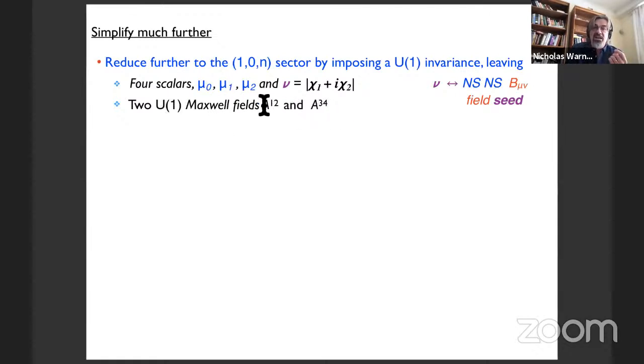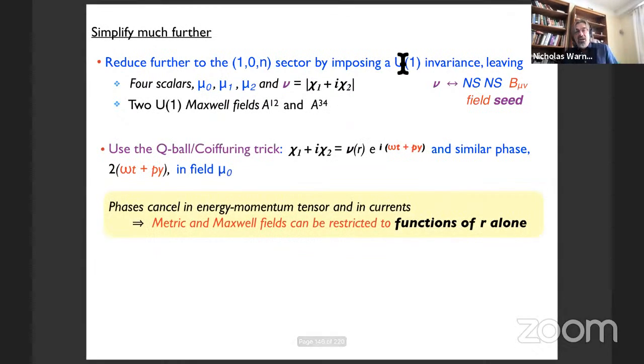There are Kaluza-Klein electromagnetic fields. There are now only 2 of them because I've imposed this invariance. And so the game we're going to play, as I say, you do what you can, is we're going to use the cue ball trick, or the coiffuring trick. You are just going to turn on some non-trivial phases in these scalar fields, possibly in y and omega. And it turns out for consistency, you have to turn on a phase associated with this scalar field.